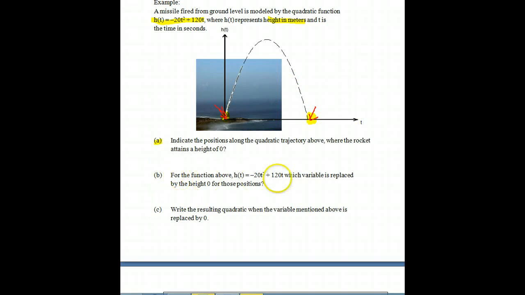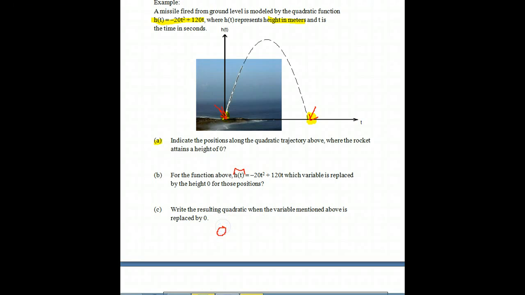Now, for the function, which variable do we replace by a height of 0 for these positions? Well, we're going to replace h(t), where h is a function of t, height is a function of time. This is going to become 0. What you will be left with is finding the time when that happens.